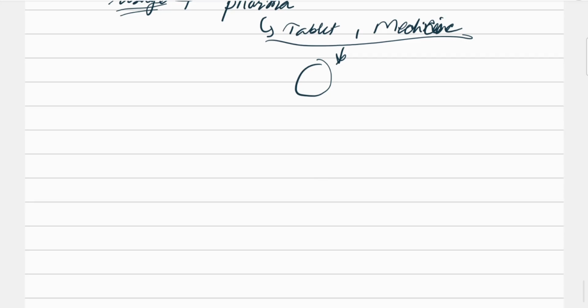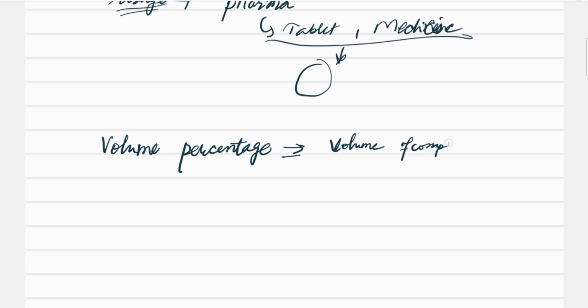Similarly, we have another percentage known as volume percentage. We take the same approach, but both the components are going to be in liquid or gaseous form, because we are measuring them in volume. So the volume percentage of component A is the volume of component A divided by total volume, or volume of solution, multiplied by 100.